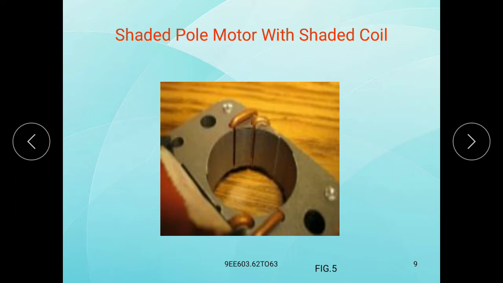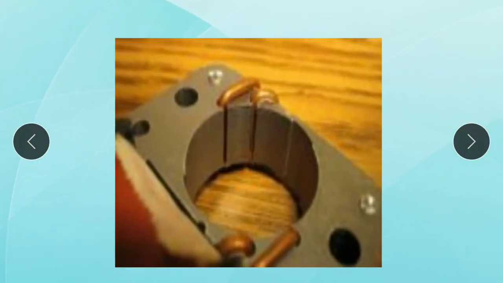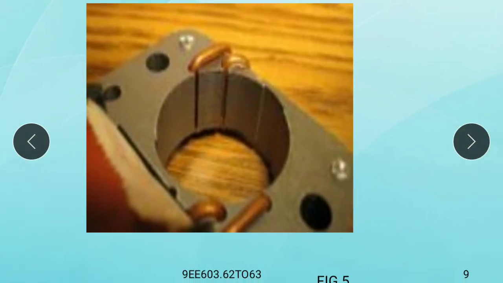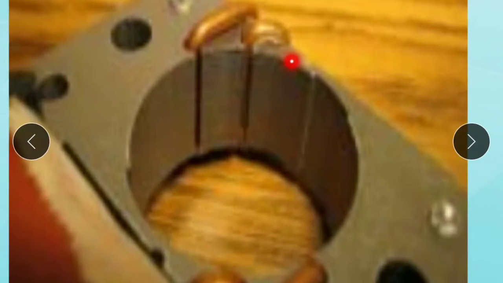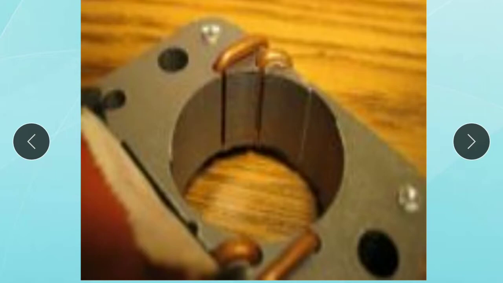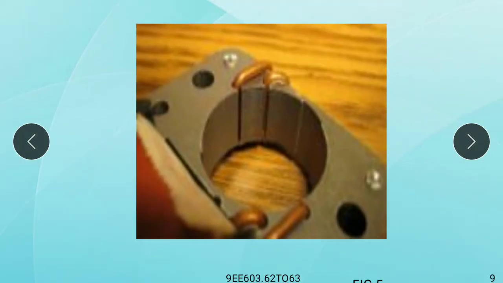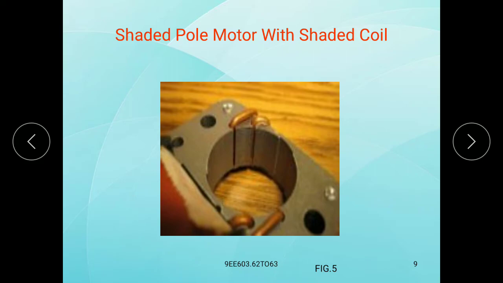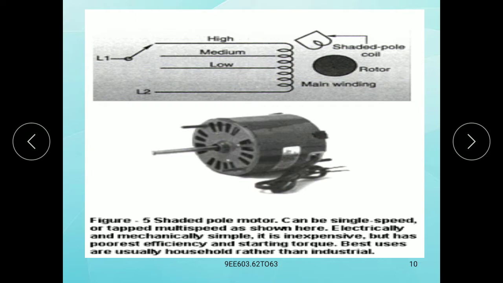Now see the shaded pole motor with shading coil, how it will be connected. Observe this shaded pole motor.